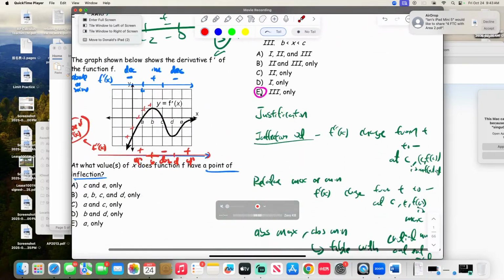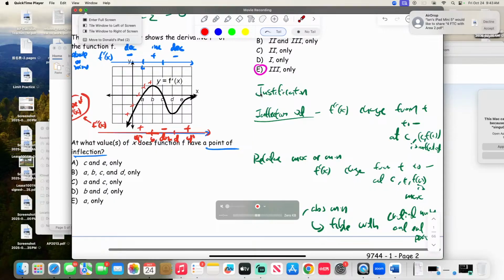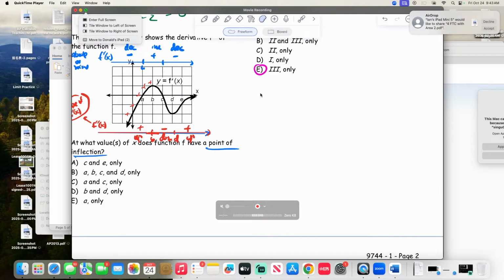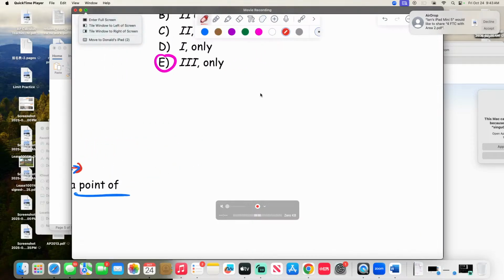Now I'm going to ask you to know this, everybody. When I ask for a justification, I'm going to rewrite this to make sure that you understand. On the AP exam, not only do you have to be able to do math, after you do the math you want to get as many continuous points as possible. So I will say this, inflection points, and you want to write it down here in your notes.